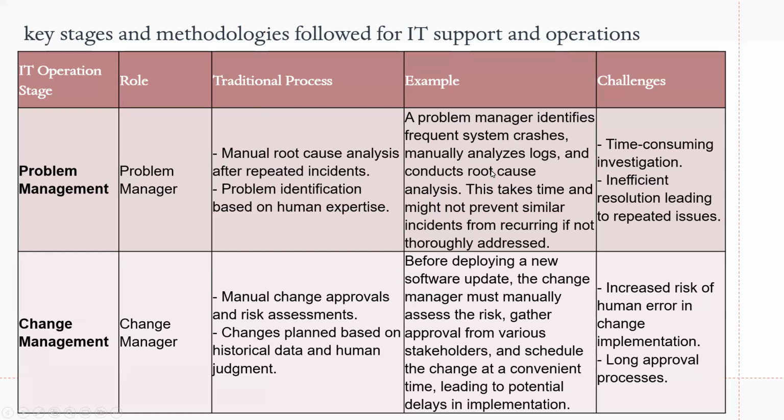For example, a problem manager identifies frequent system crashes, manually analyzes logs, and conducts root cause analysis. This takes time and might not prevent similar incidents from recurring if not thoroughly addressed. So the challenges here are time-consuming investigation and inefficient resolution leading to repeated issues.